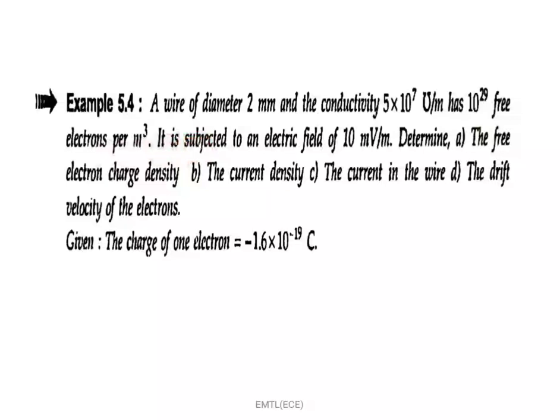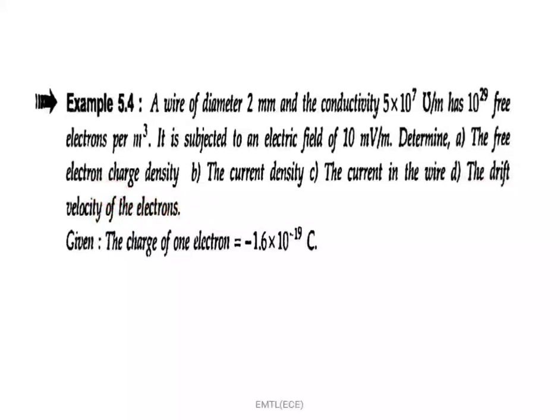It is subjected to an electric field of 10 millivolt per meter. Determine the free electron charge density, the current density and current in the wire, and the drift velocity of the electrons.